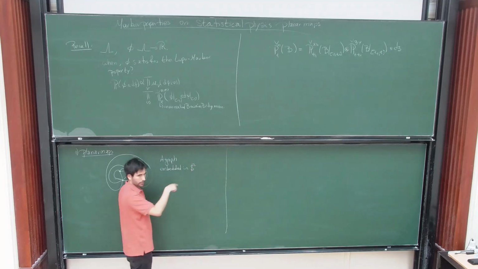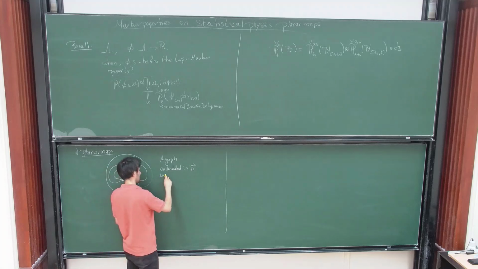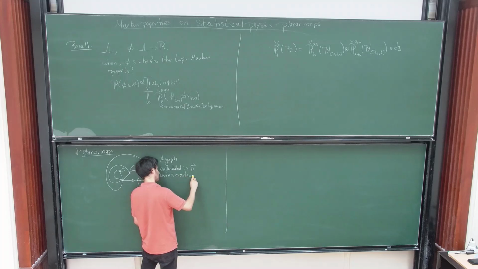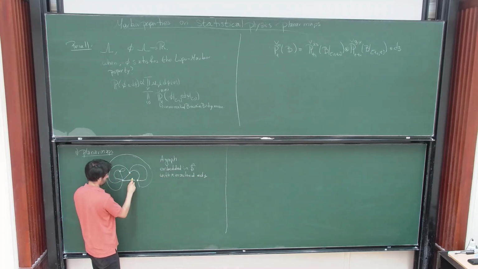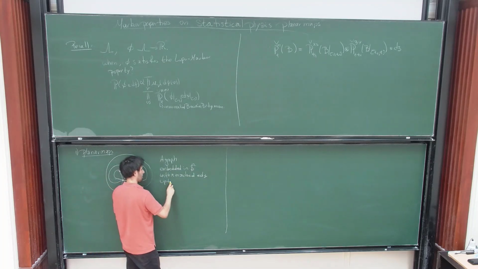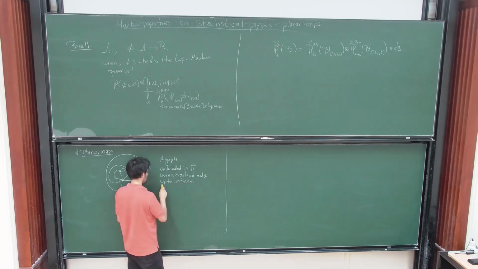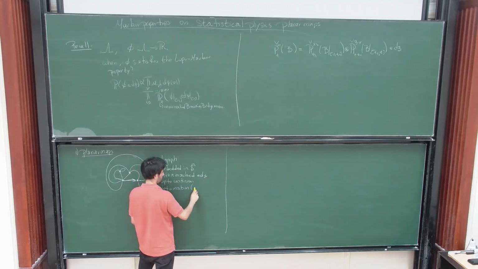I'm always going to embed them in the sphere with a marked edge. So my marked edge, I'm drawing it always like this, up to continuous deformation where edges don't cross.